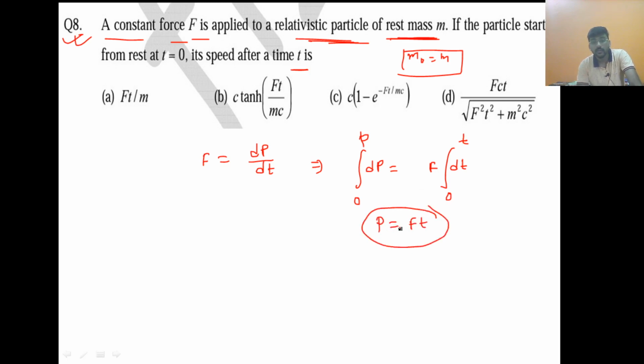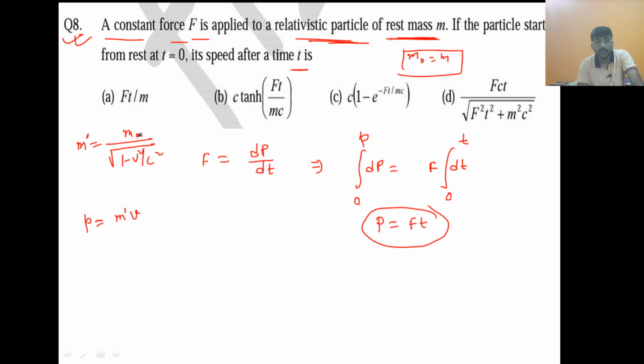Okay, now what will be p? We know p is equal to mv, but here m is the mass of the particle, not the rest mass, the relativistic mass, the mass associated with the moving particle. So we know the relation between m and m0: m will be m0 divided by root 1 minus v square by c square. But here m0 is given as m, so we should take it as m prime.